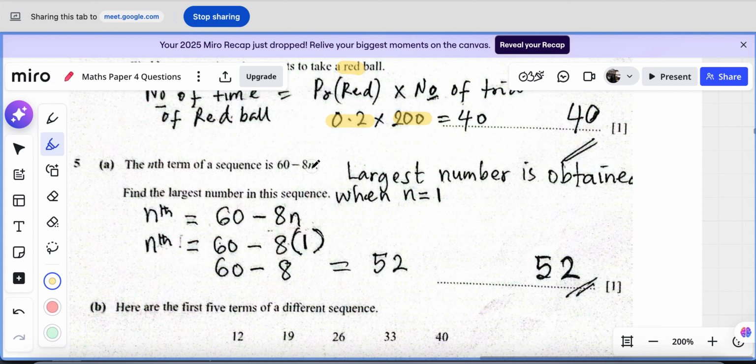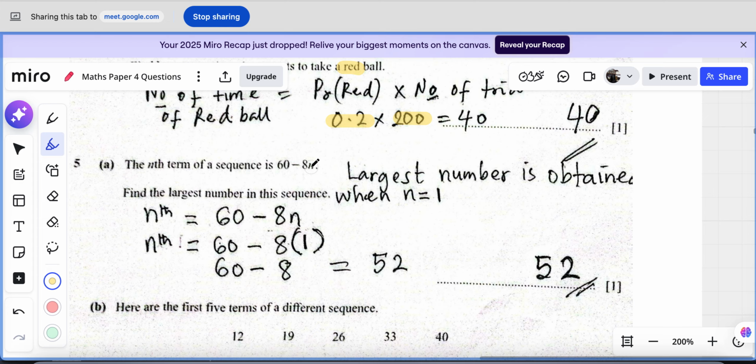If n is 2, 2 times 8 is 16, and if you subtract that from 60, it's going to be a smaller number. If n is 3, 3 times 8 is 24, and subtracting 24 from 60 gives a way smaller number. So the only way is when we make n equal to 1.